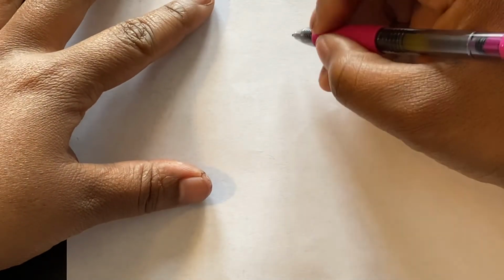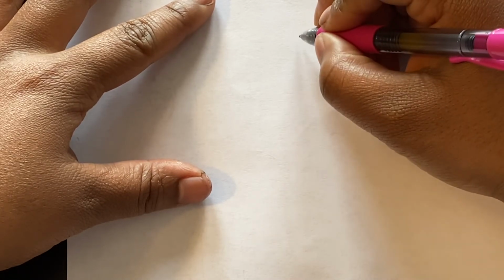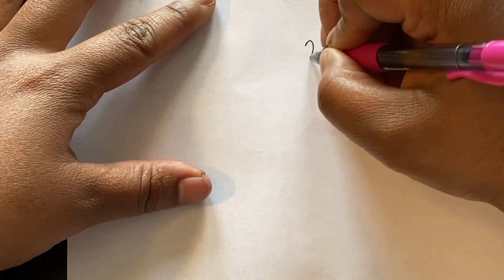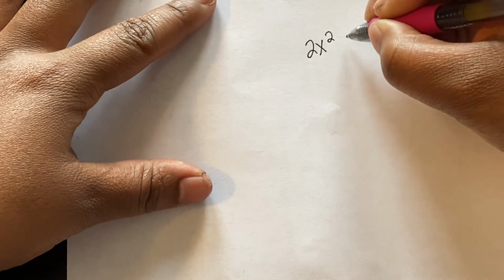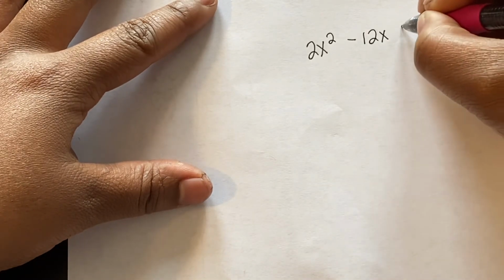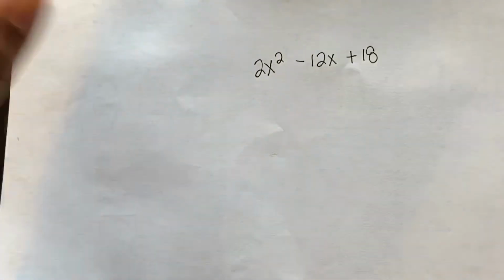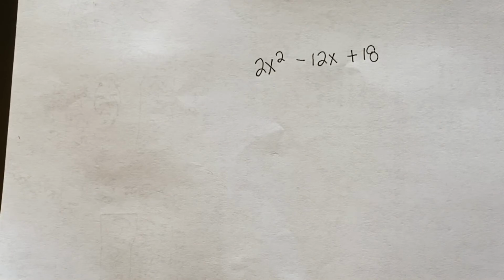Now, there will be a time where you can use the GCF method first. Let's look at that time. If I had, for example, let's say I had 2x squared minus 12x plus 18, and I said factor that trinomial.